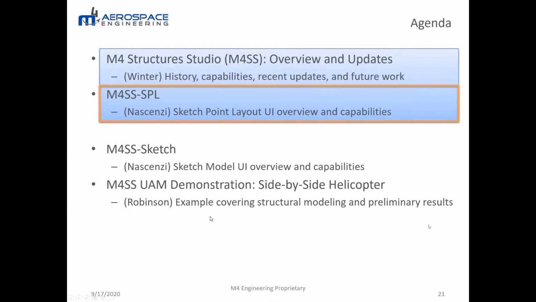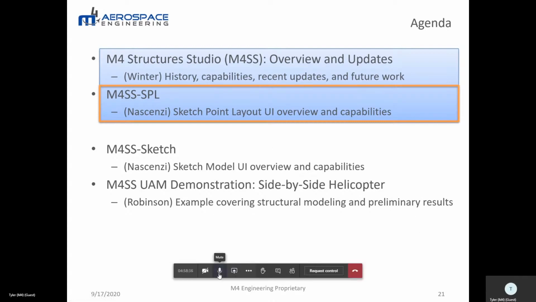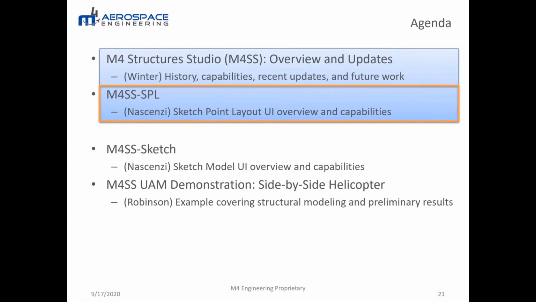Someone has asked what you would recommend for system requirements in trying to run M4SS. Yeah, so the system requirements, we have them somewhere. I don't have them handy at the moment to give you the exact details, but the requirements are not very high.